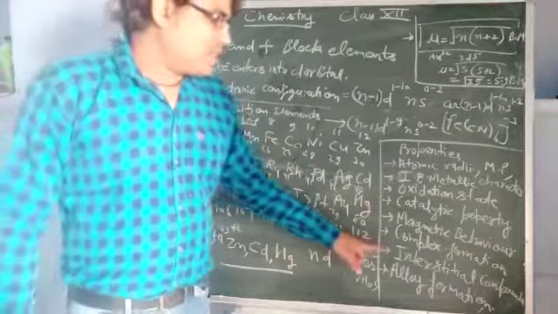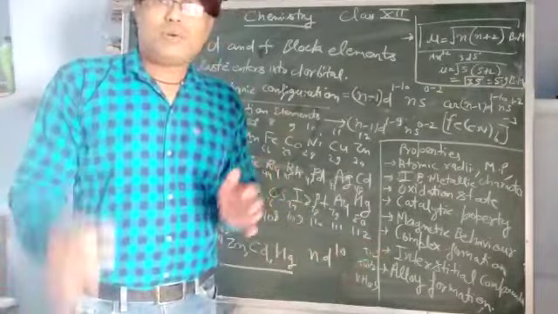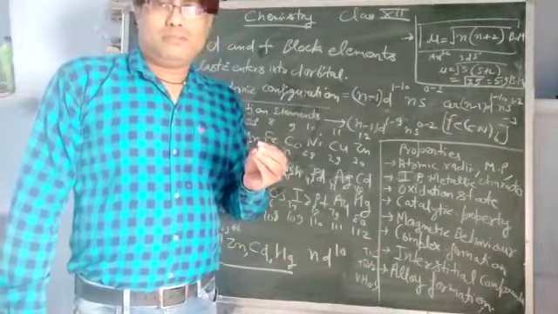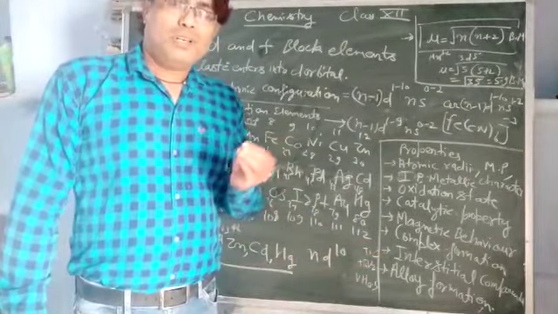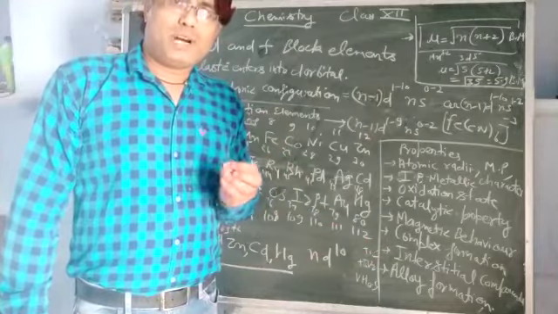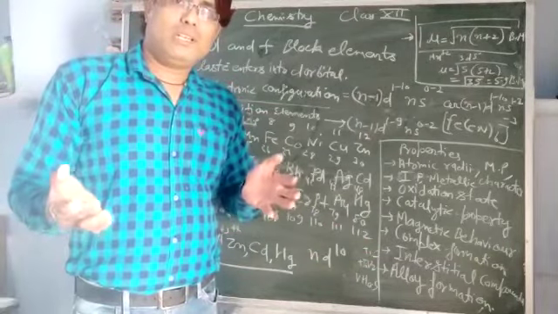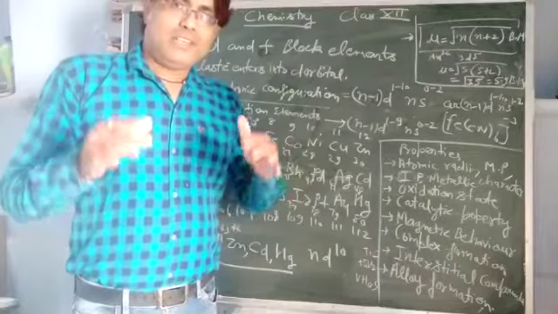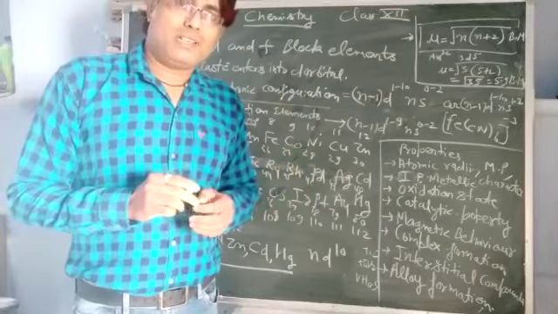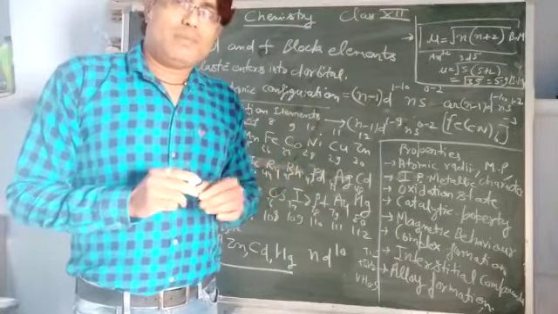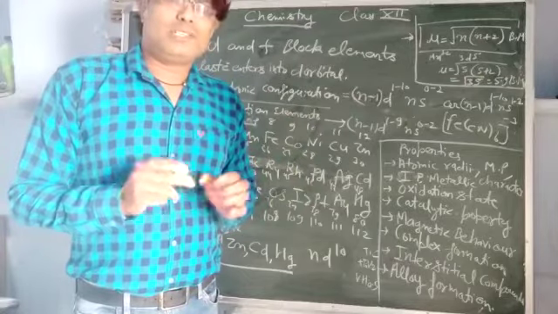Now next, interstitial compound. Basically, what are interstitial compounds? You know there are some elements which have smaller atoms like hydrogen, carbon and nitrogen. So these atoms enter into the interstitial space of the crystal lattice of these d block elements, and they form interstitial compounds.